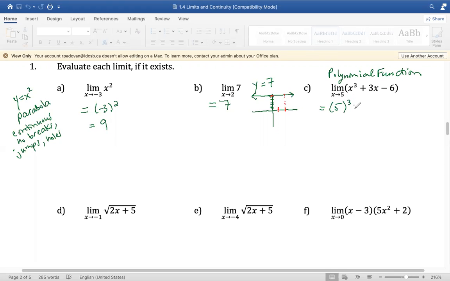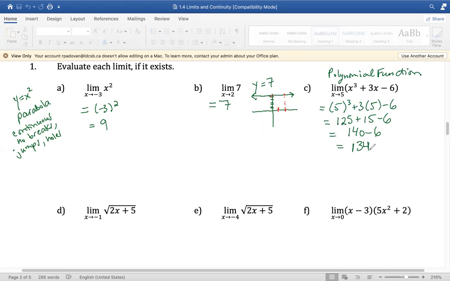So 5 cubed plus 3 times 5 minus 6. 5 times 5 times 5 again is 125, plus 15, minus 6. So 140 minus 6 is 134. So it exists. It's continuous.